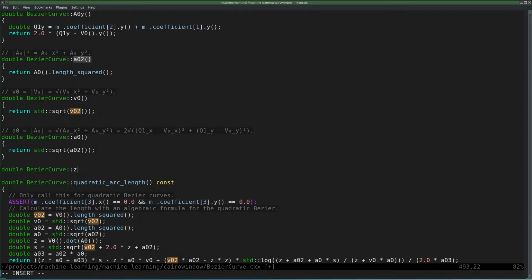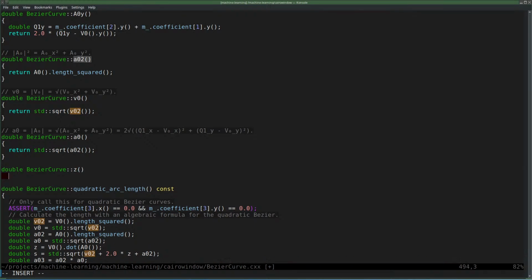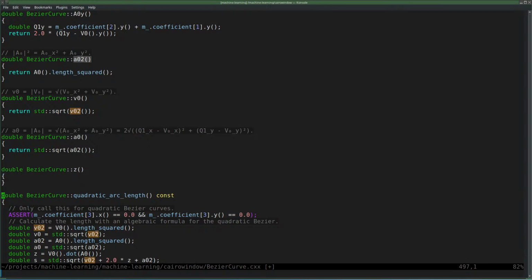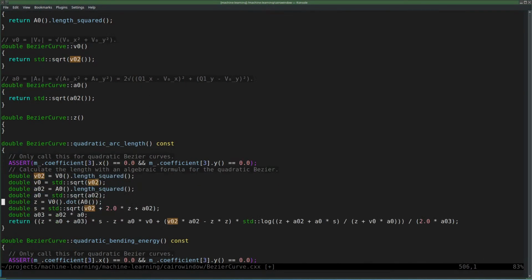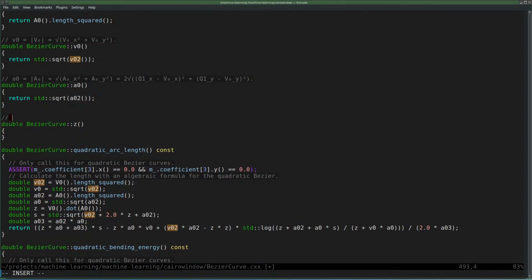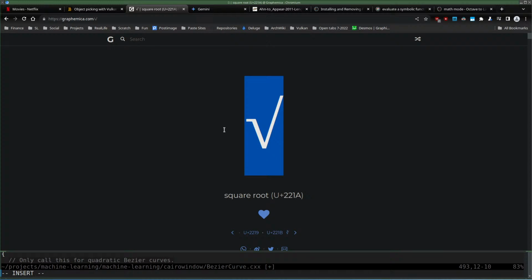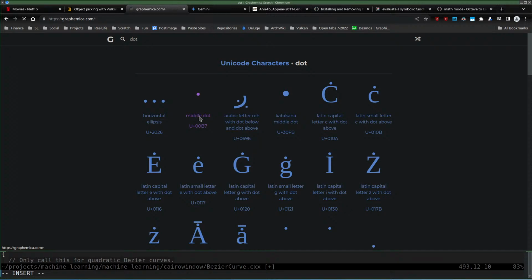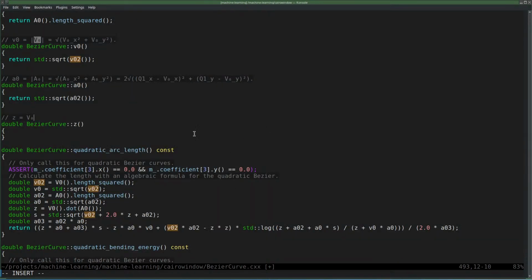Now Z. Z in terms of V, X and V0X and V0Y. So that is, as everyone can see, V0, and of course we don't see any dot anymore.